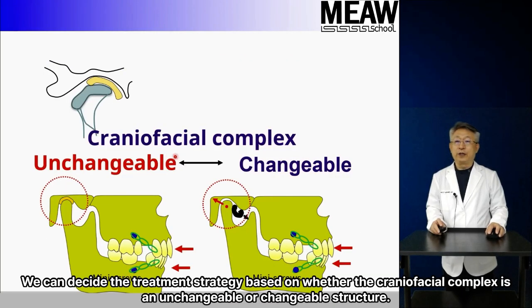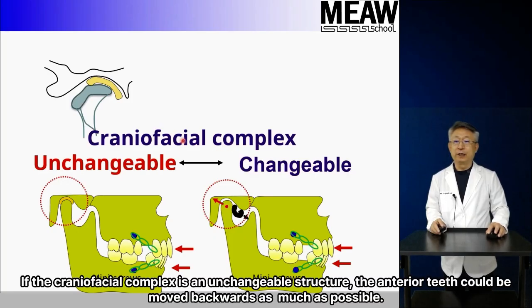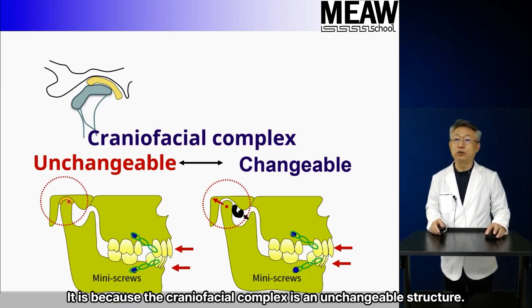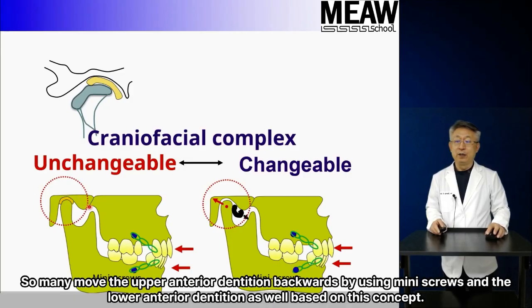We can decide the treatment strategy based on whether the craniofacial complex is an unchangeable or changeable structure. If the craniofacial complex is an unchangeable structure, the anterior teeth could be moved backwards as much as possible. It is because the craniofacial complex is an unchangeable structure. So many move the upper anterior dentition backwards by using mini screws and the lower anterior dentition as well based on this concept.